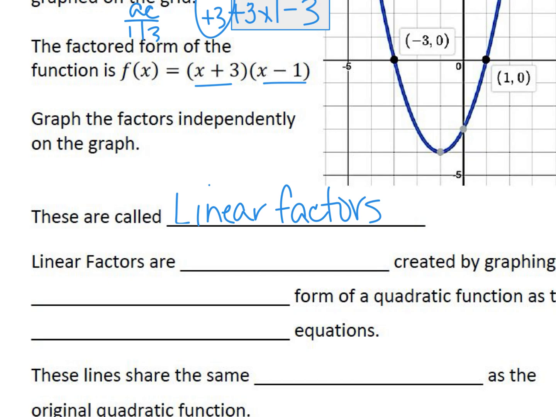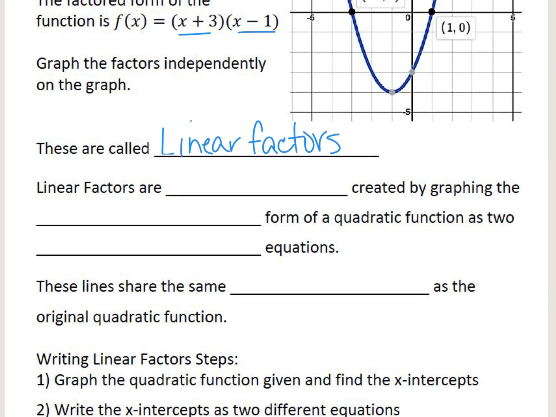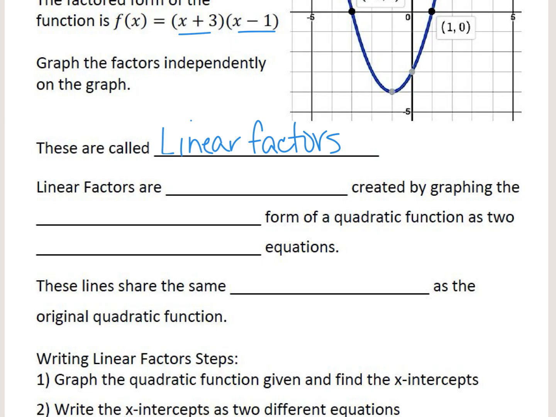And linear factors are factors created by graphing the x equals form of a quadratic as two linear equations. Okay, so let's talk about what that means. They share the same roots as the original equation.